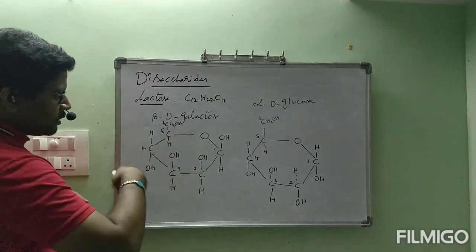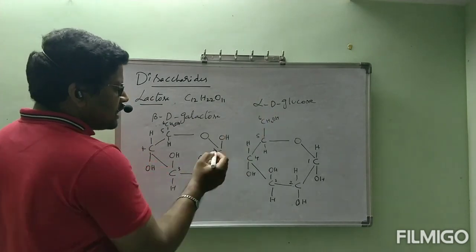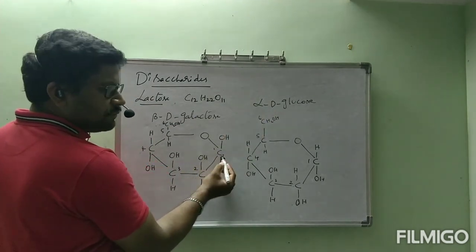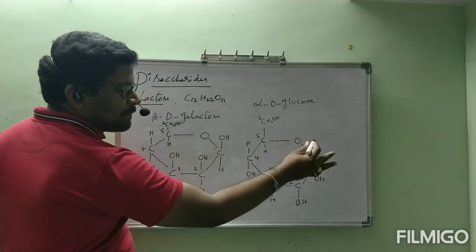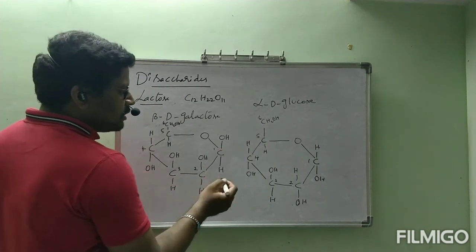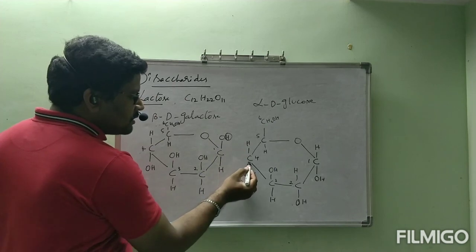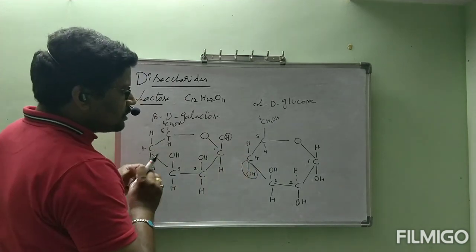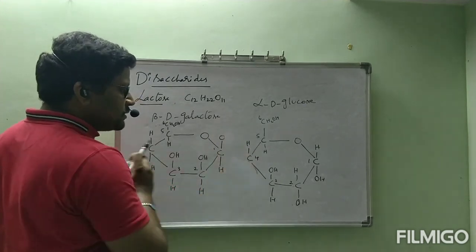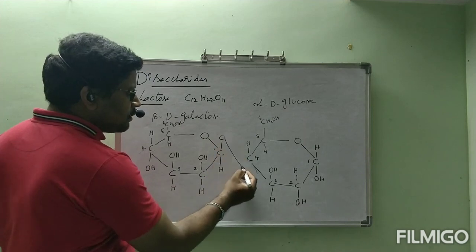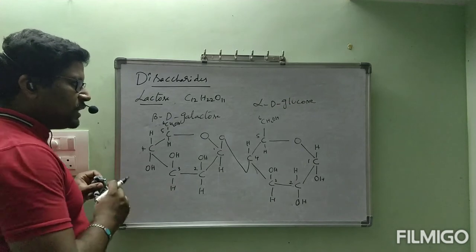Now observe, this is C1 of beta D galactose, C4 of glucose. Anomeric carbon of galactose is this one. Anomeric carbon of glucose is the first one. It is free. That's why this is also coming under reducing sugar. Now this OH is there, this H and this OH will be removed as water. So this glycosidic linkage is formed like this.